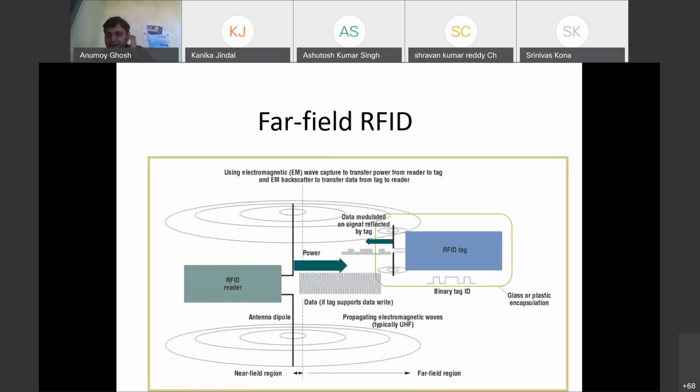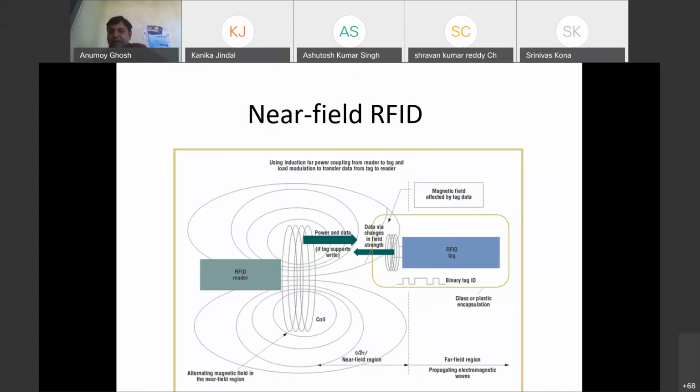And whenever it is in the far field region, then what will happen? So here, see now, the RFID tag is in the far field region of the RFID reader. The tag will capture the far field energy of the reader, and then it will backscatter. In the previous case, it is not backscattering; the voltage is induced due to change of flux.